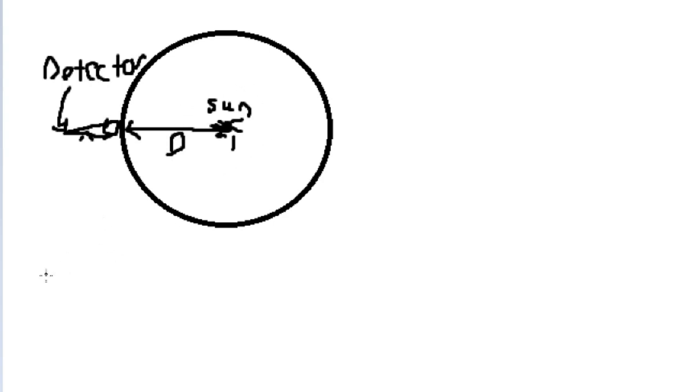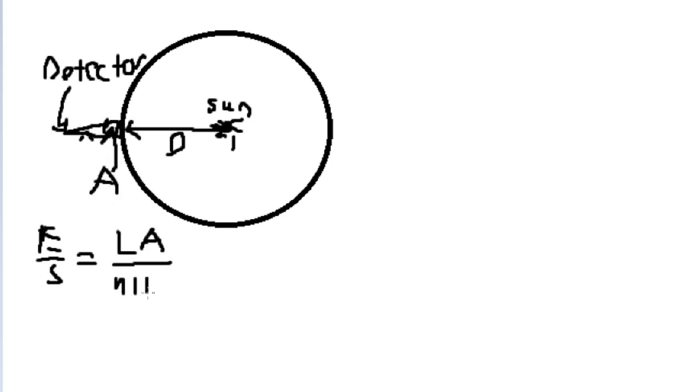So we find that energy per second, the formula for that would be luminosity of the sun. That's basically the amount of light it gives out. So the power, the unit is watts, times the cross-sectional area A of the telescope, whatever the light is hitting. That would be L times A divided by 4 pi d squared, where d is the distance here.